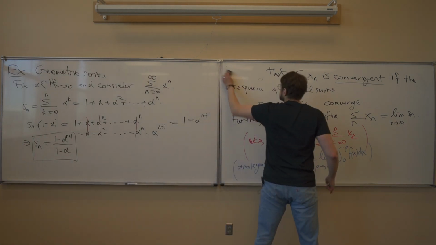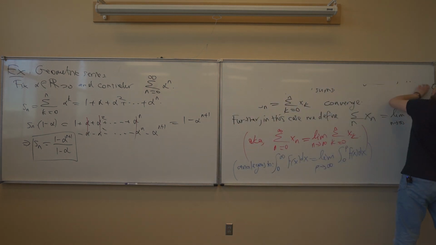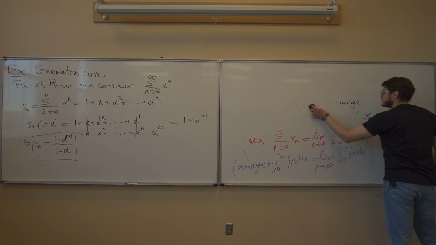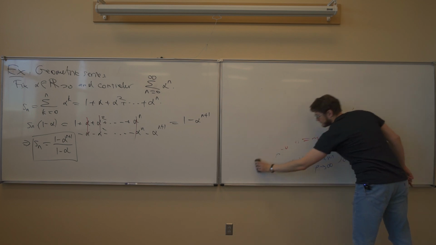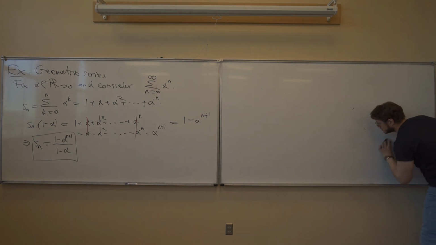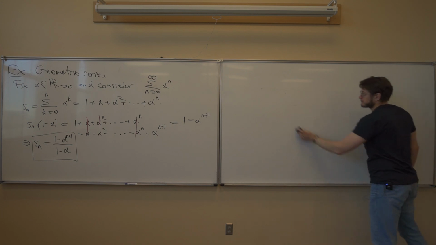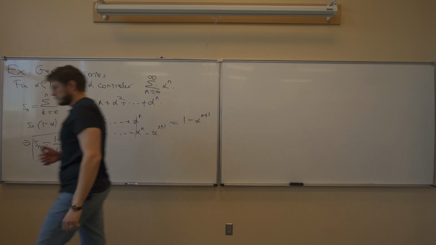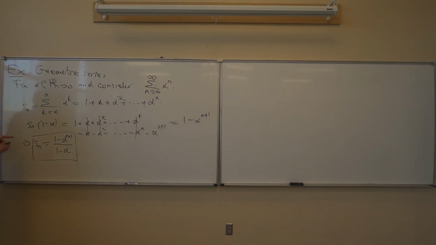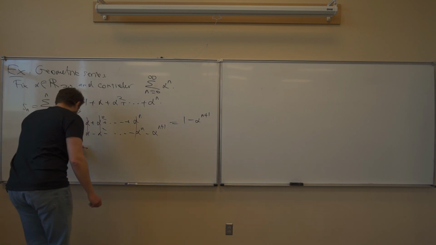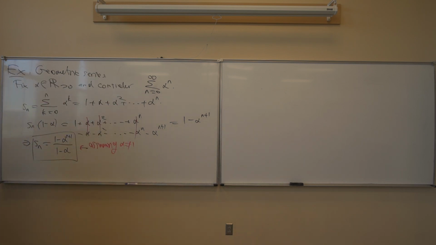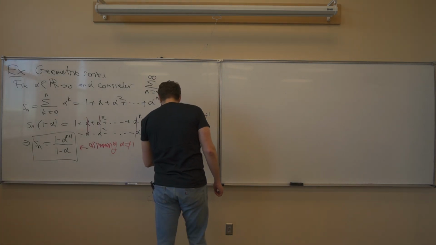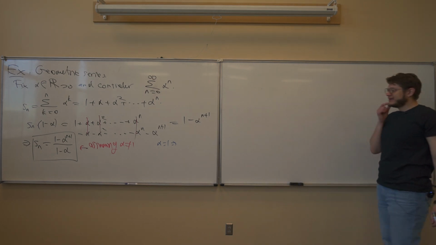So maybe you should record it. So this is assuming alpha is not equal to 1, and if alpha were equal to 1, so let me just write it here, S sub n would be just n plus 1.